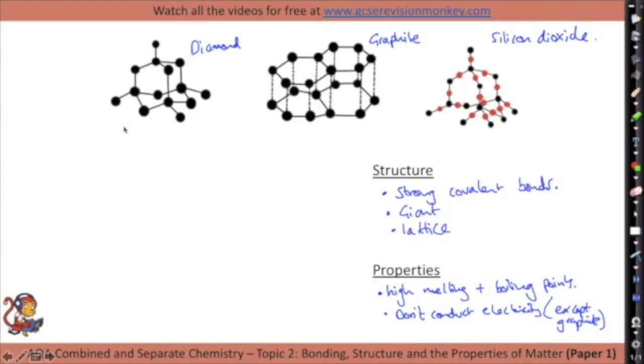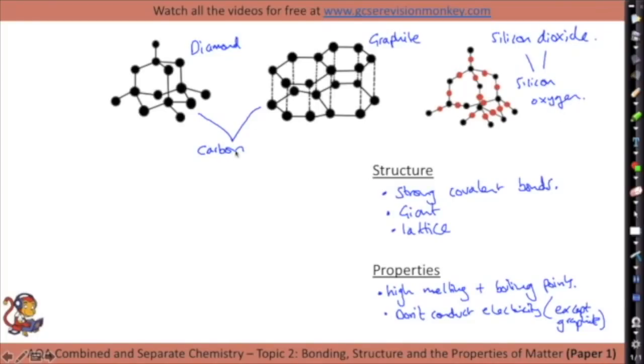So a little bit more detail for diamond and graphite that you need to be aware of. Let's go into the elements first of all. You can see these are just made from one type of element. These are both made out of carbon, whereas silicon dioxide is made out of silicon and oxygen.